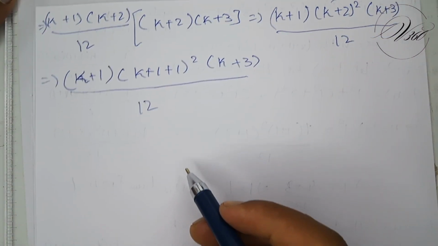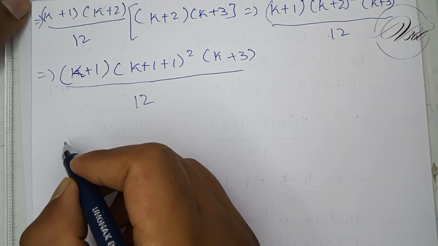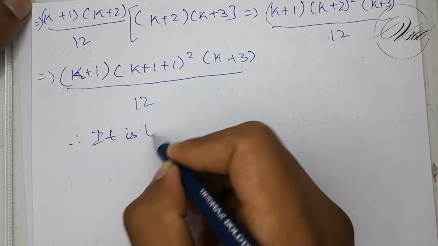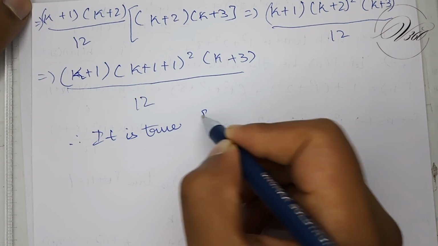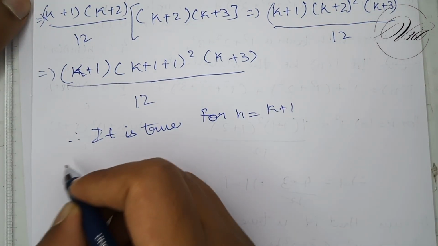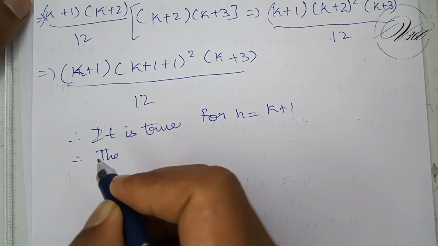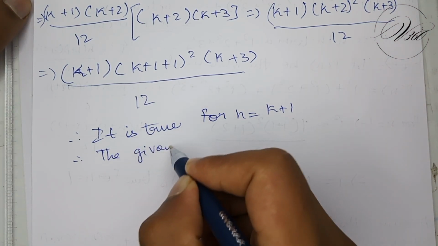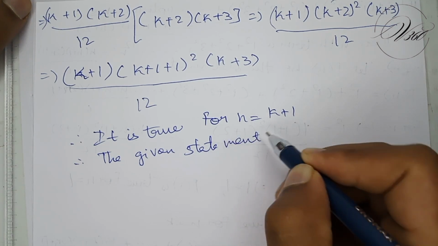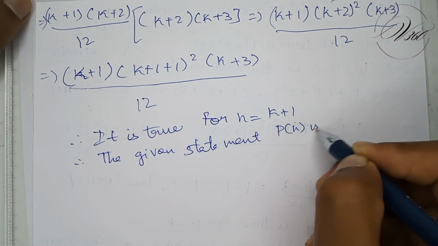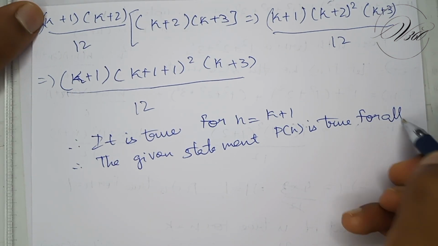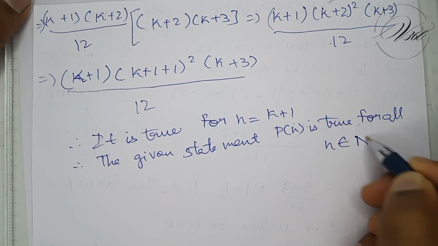Now we can write here, therefore it is true for n equals k plus 1, and therefore the given statement p of n is true for all n belonging to natural numbers.